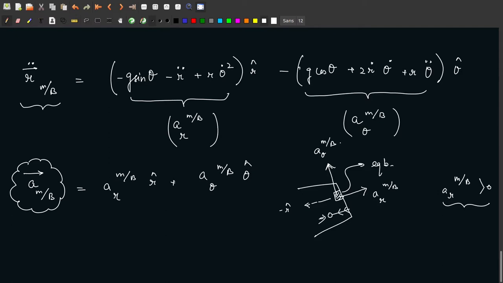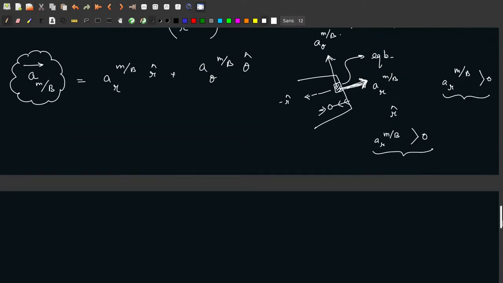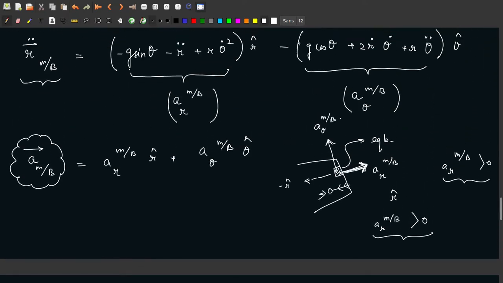So the radial acceleration needs to point in the r cap direction, and A r, the radial component of the mass with respect to the bucket, needs to be greater than 0, so that there is a net resultant, so that there is a reaction effect by the normal force. That in a sense gives you the notion of the magnitude of the A r component.